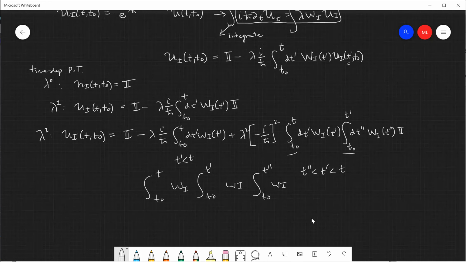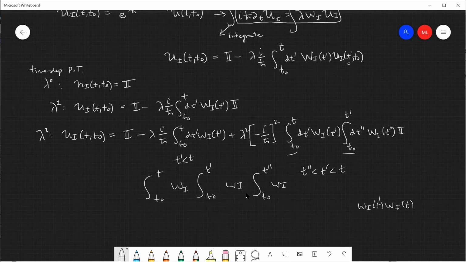So we want to rewrite this in such a way that we can pull out all the integrations. But to do that, you have to be very careful because these W's don't necessarily commute with each other if they're at different times. If they're at the same time, of course, that's the same operator, and an operator commutes with itself.